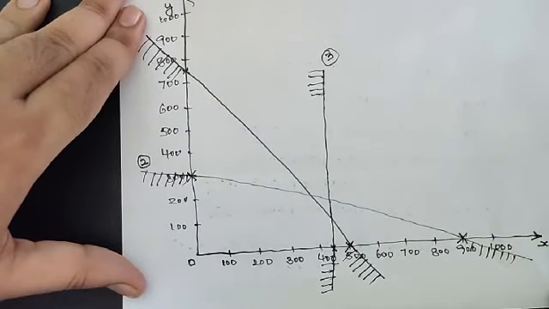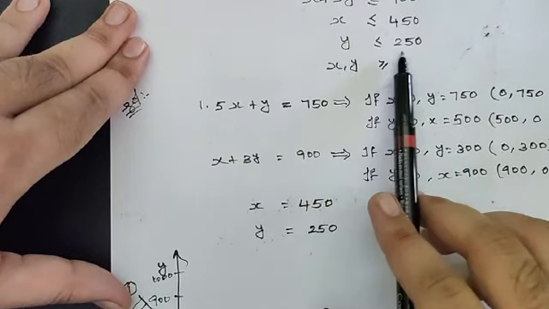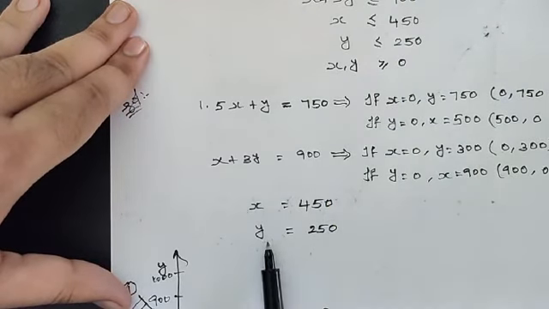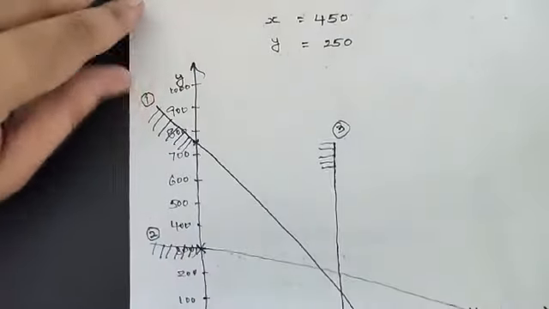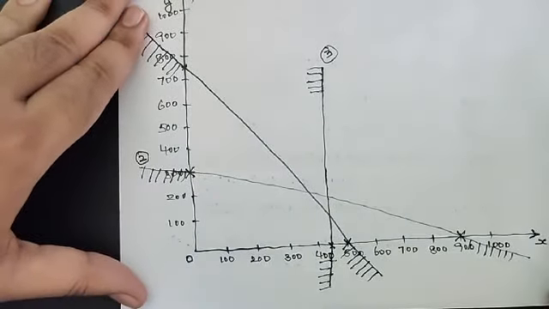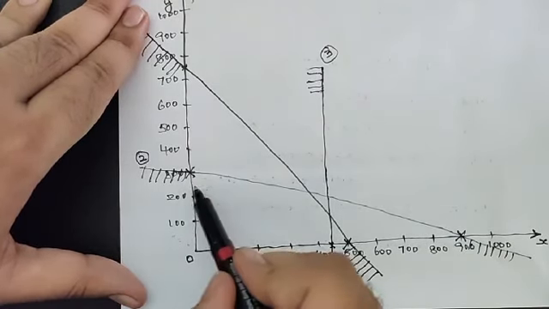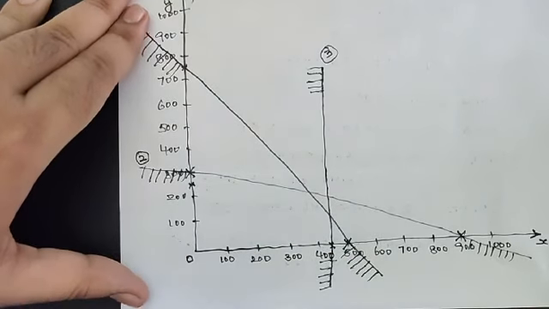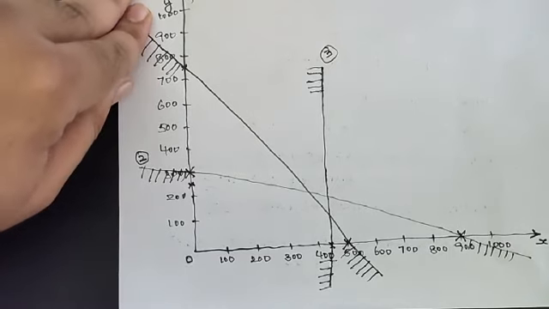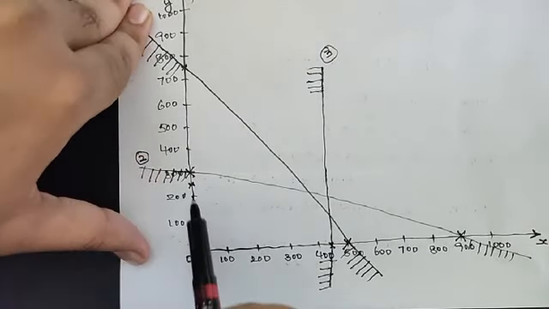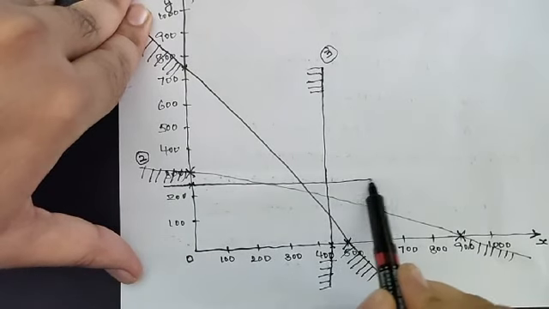Okay. Next, the fourth constraint we will see. What is the fourth constraint? y less than or equal to 250. If you write it in equation form, that is y equals 250. So y equals 250 means for any value of x, y is 250. 250 is here, right? It is in the middle of 200 and 300. So draw a horizontal line here, right?